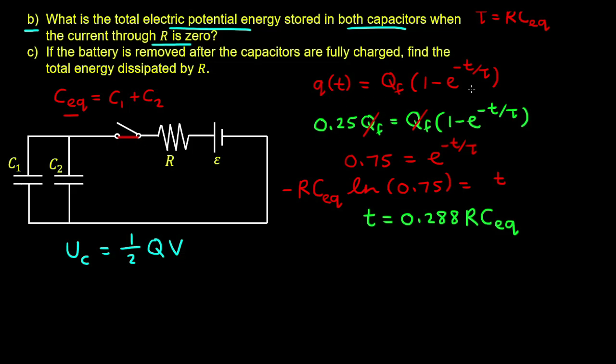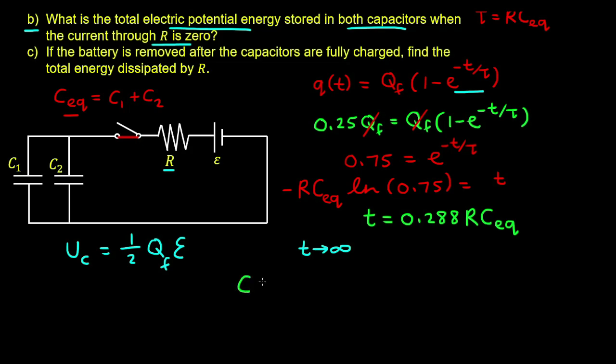So in this case, as the time approaches infinity, the current through the resistor approaches 0. So therefore we end up with the charge on the capacitor is QF. And when our equivalent capacitor is fully charged, the voltage across both of these capacitors is equal to the electromotive force supplied by the battery.